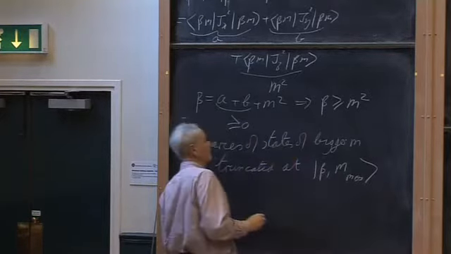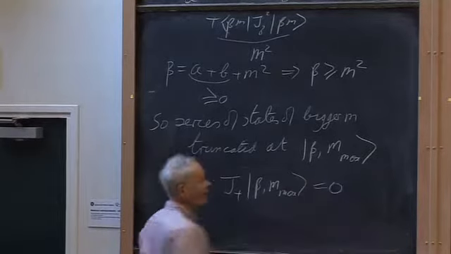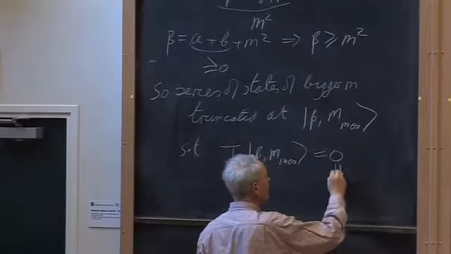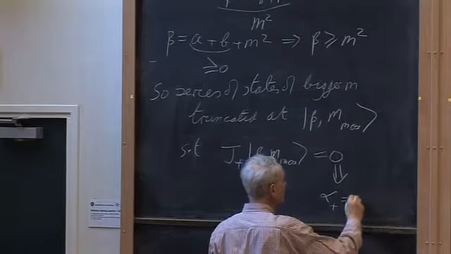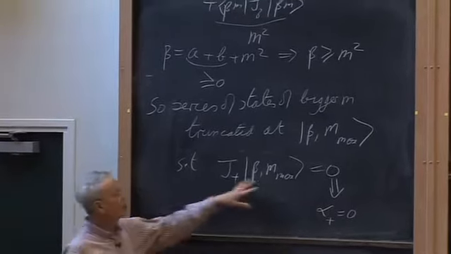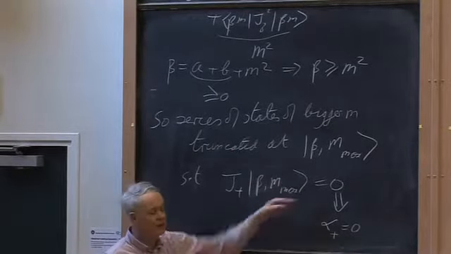It happens because when we use j plus on this state, we get exactly nothing. So what does this mean? This implies that alpha plus equals naught in this particular case. That's the only way we can be stopped from making states of bigger and bigger m, and it's clear we have to be stopped. So we are stopped in this way.